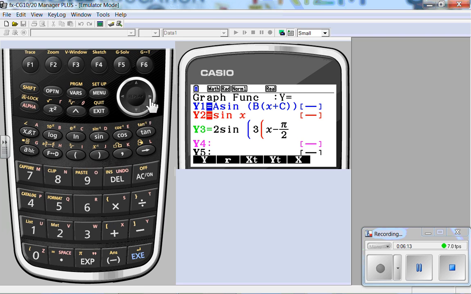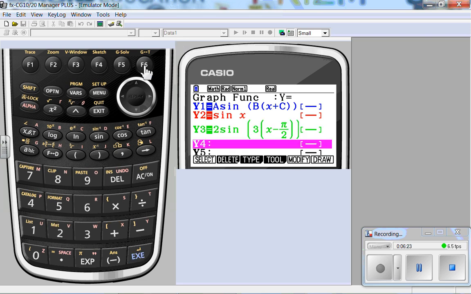Oops, close them too soon. Close them there. Close the blue. And I'm going to subtract 2. And then I will draw.